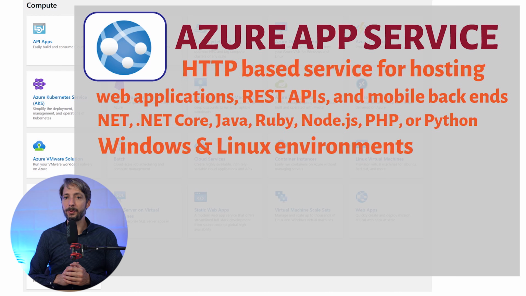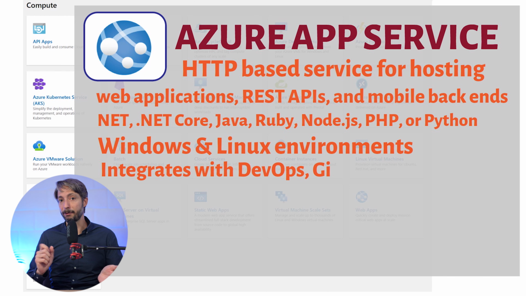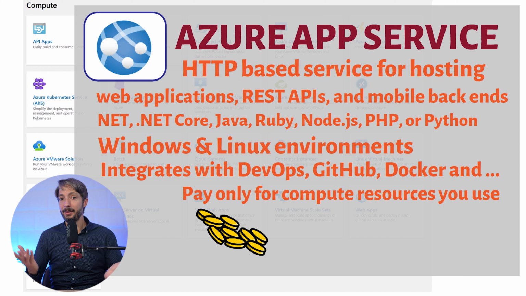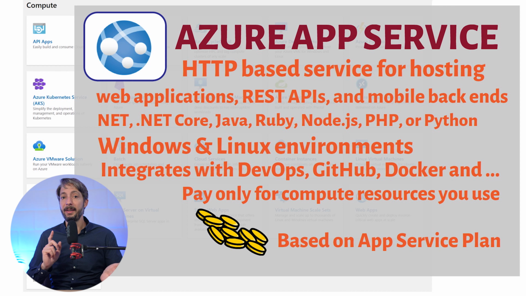It also integrates with DevOps capabilities, such as continuous deployment from Azure DevOps, GitHub, Docker, and many other services. With App Service, you pay for the Azure compute resources that you use. The compute resources you use are determined by the App Service plan that you run your apps on.